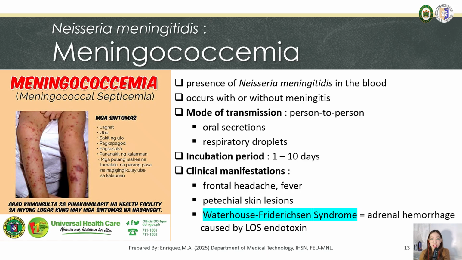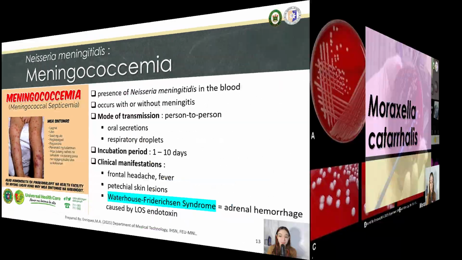Let me repeat: if there is already hemorrhage of the adrenal glands, then this is referred to as the Waterhouse-Friderichsen syndrome. The specific virulence factor responsible for this is the LOS endotoxin.